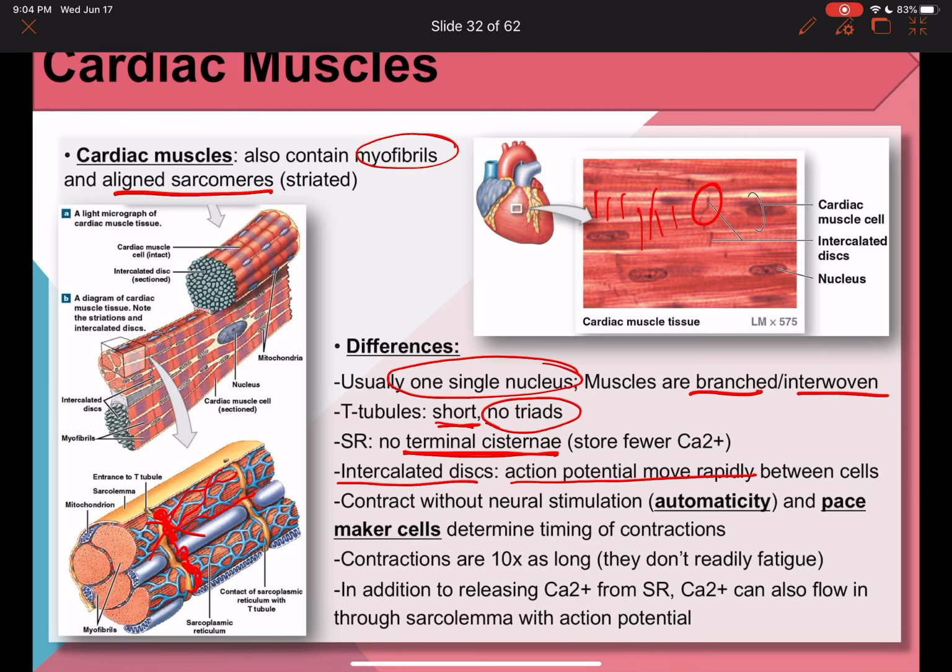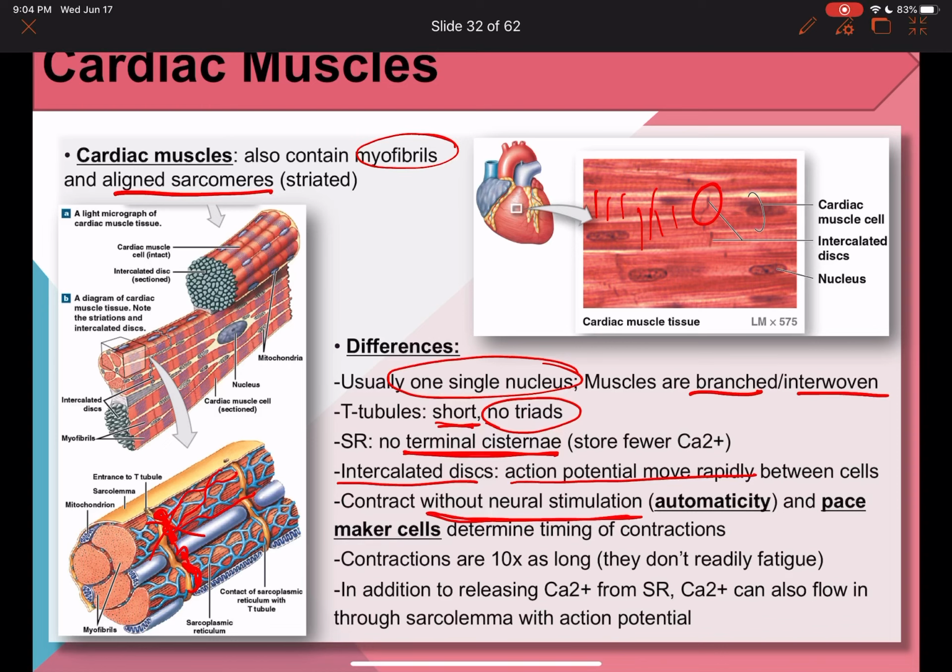And that's why for a heart to pump in that rhythmic average heartbeat that we have, it doesn't require neurostimulation. Okay, we'll talk about this towards the end of the chapter when we get to the autonomic nervous system. Because there's a lot happening in our body that doesn't constantly require our brain to stimulate it to work.